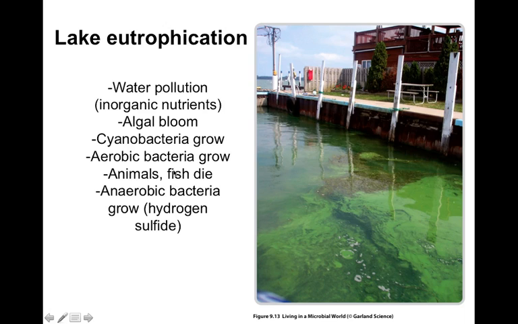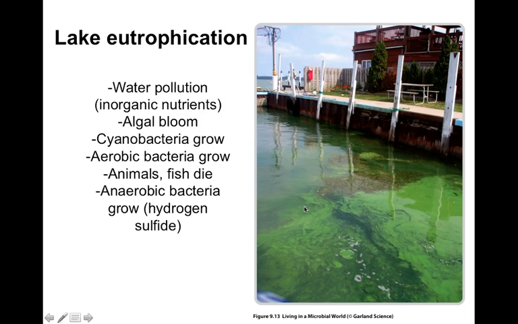And then when you have anaerobic conditions, so the lake is depleted of oxygen, you have anaerobic bacteria growing, and they can use final electron acceptors other than oxygen in anaerobic respiration. For example, they can use sulfate, and they can ultimately generate excess hydrogen sulfide, which is very stinky and will make the lake not smell good.